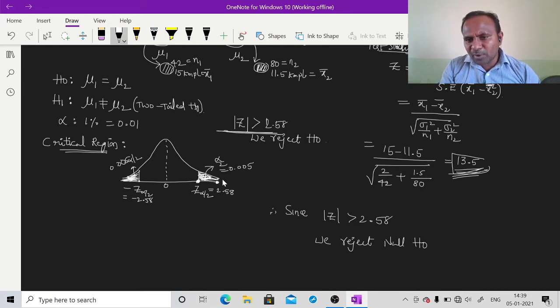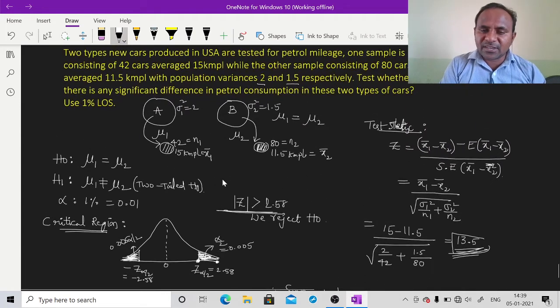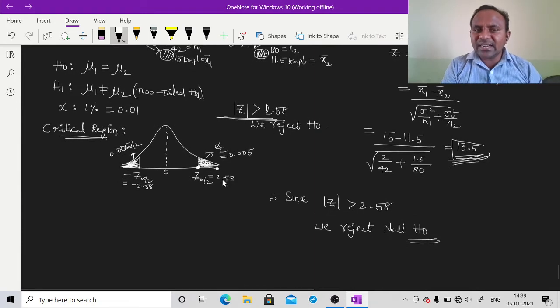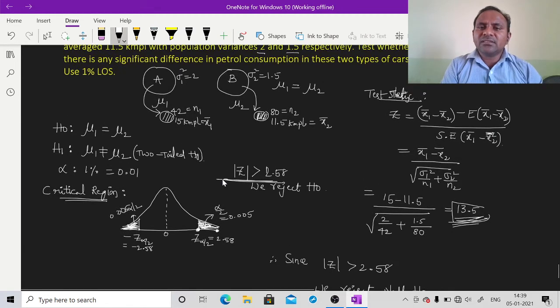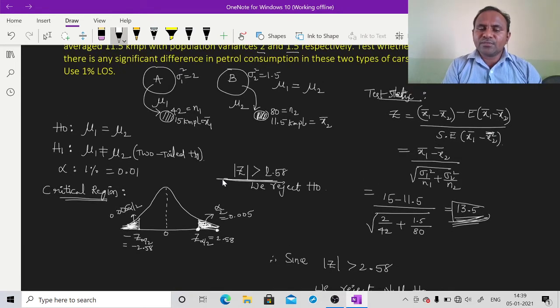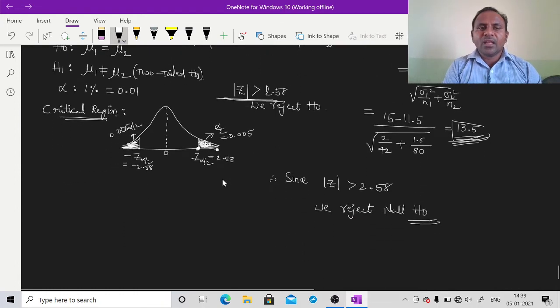Our null hypothesis is that there is no significant difference between the petrol consumption of these two types of cars. But we have to reject that statement at the 1% level of significance, which means the claim which is given is wrong. That is what we conclude from this hypothesis test.